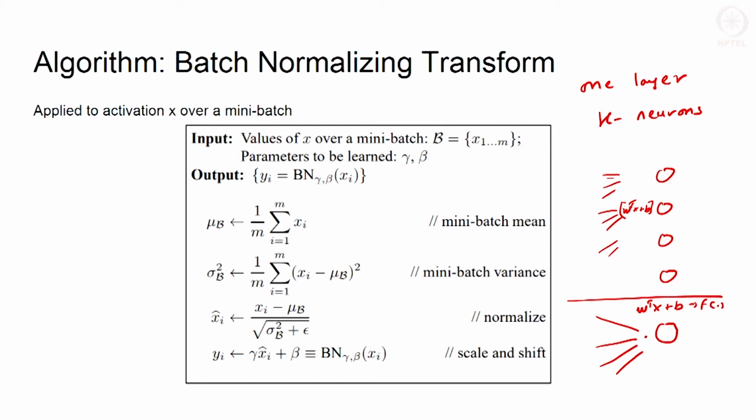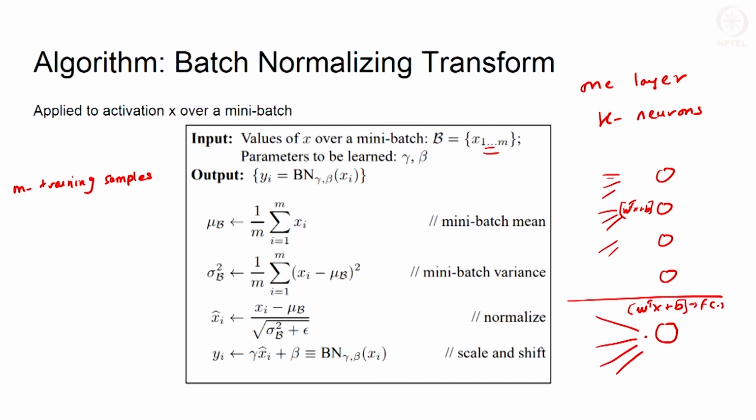So, what we do is we consider a mini batch of m training samples. In the forward pass, we can forward pass all the m samples in succession, and we can compute this W transpose x plus b for each of them.